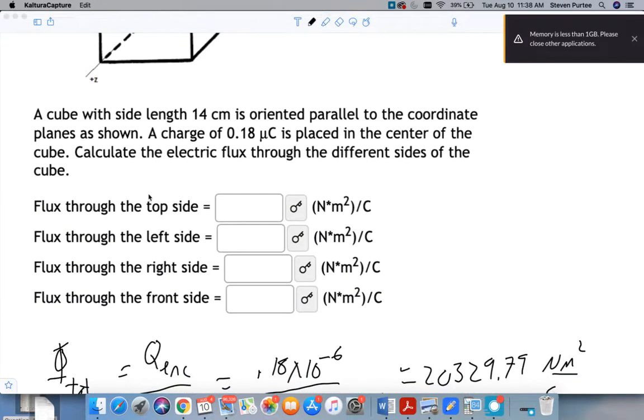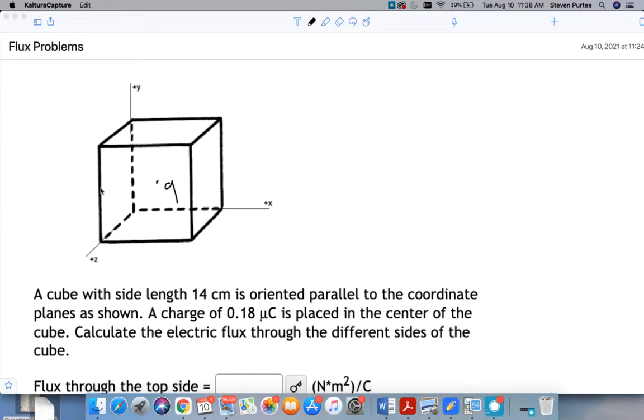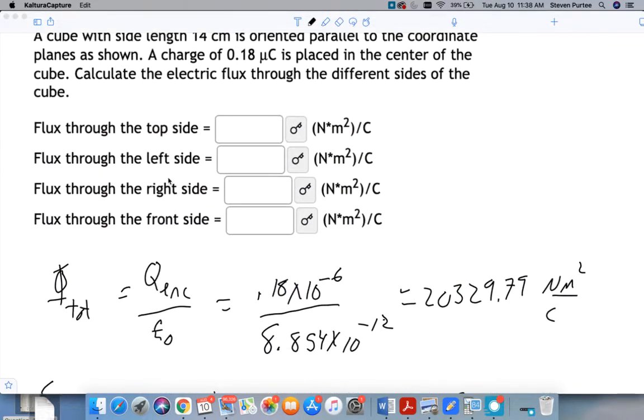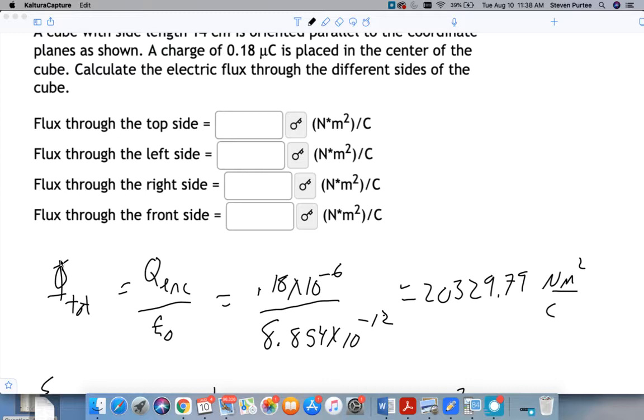If we remember that for a closed orientable surface, the total flux through the entire surface is the charge enclosed over epsilon naught. So we know the charge, it's inside the cube, enclosed, divided by epsilon naught.